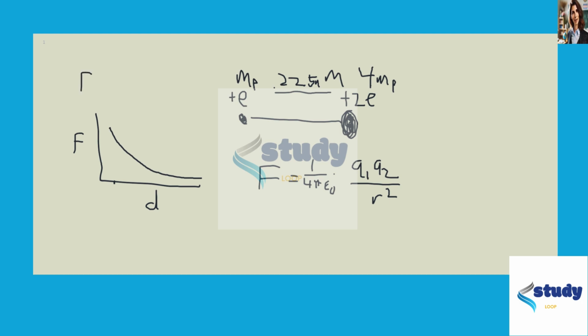Because F equals ma, the force and the acceleration are just proportional to each other. And so since the maximum force happens when they're first released, that's also when the maximum acceleration is going to happen. So we know that the maximum acceleration is happening when they're 0.225 nanometers apart. So we just need to calculate the force and divide by mass to get the maximum acceleration.